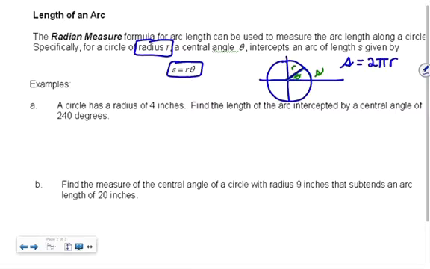What if the radius and the circumference are the same? What would the angle be? I'm going to use this formula to show you. 1 radian is when the part that's cut off the circle and the radius are the same.